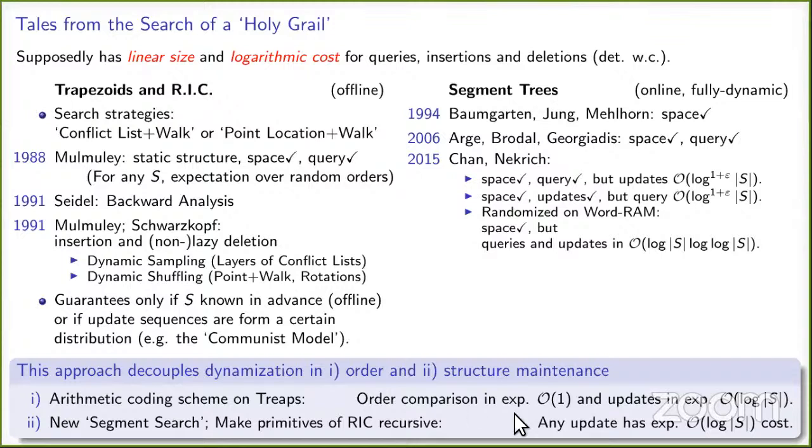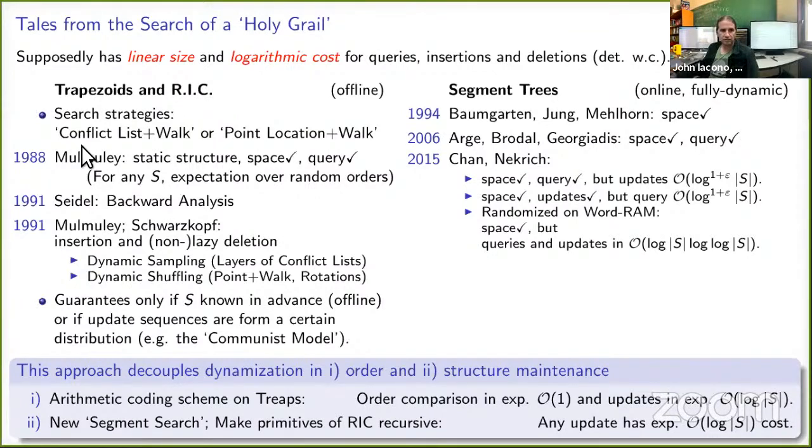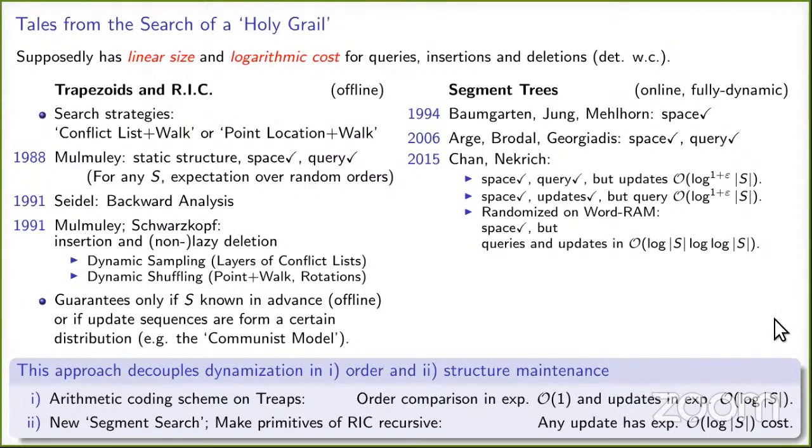To analyze them, we had, on a very abstract level, to combine ideas from backward analysis, but now on the permutation space. And the other abstract idea that we used was a sort of conflict list analysis that used to be only applied to the conflict list approach. But these are the building blocks of our runtime guarantees.